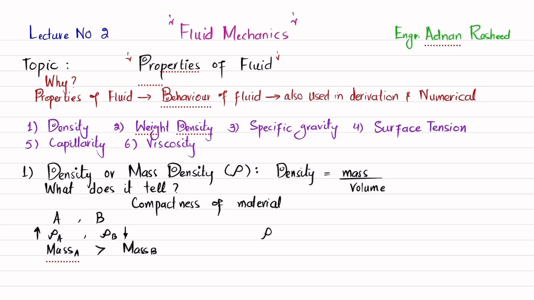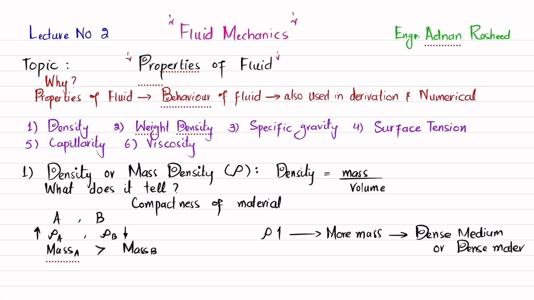So again, if density is high, it means that more mass will be present per unit volume and that will be a dense medium, or you can say that it is a dense material.